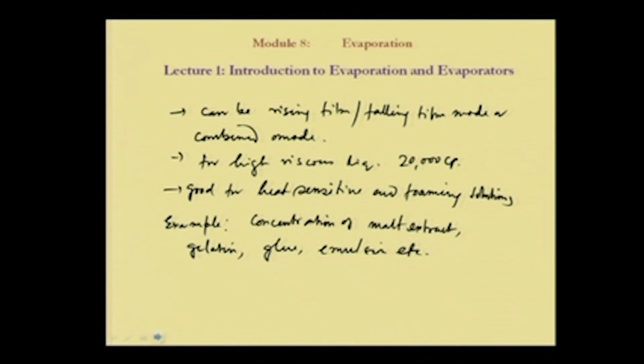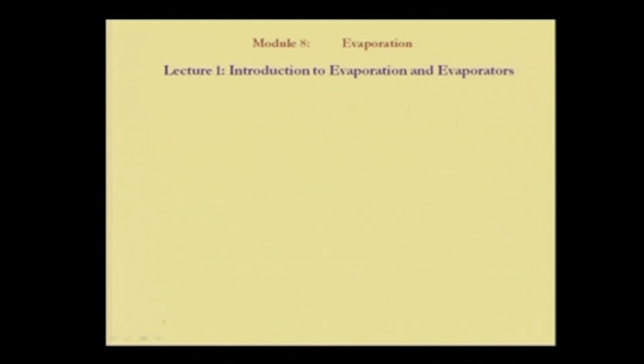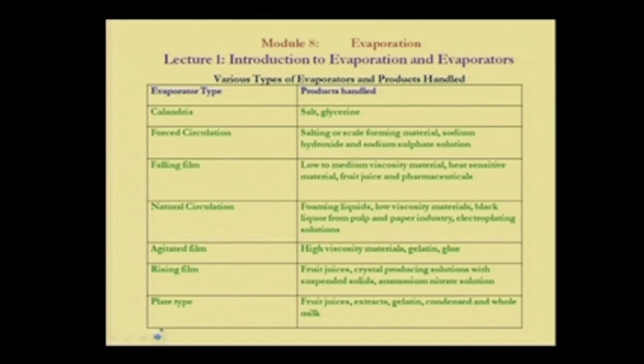The plate type evaporator is similar to the plate type heat exchanger. These are the typical examples of various types of evaporators and the products being handled, which we have already discussed.